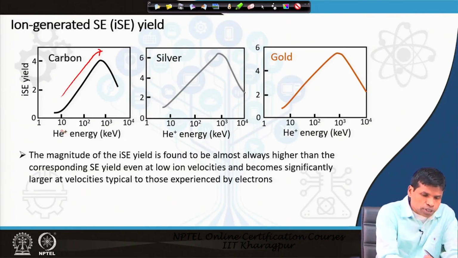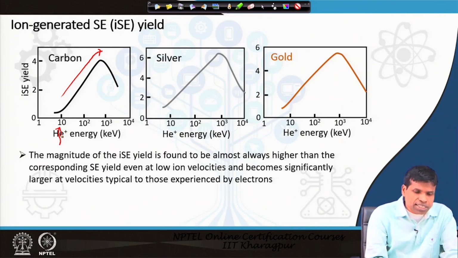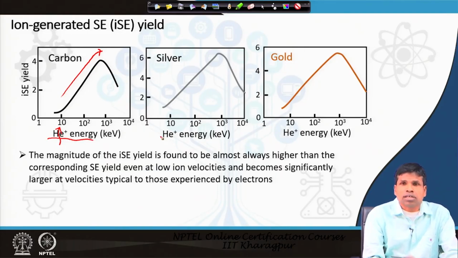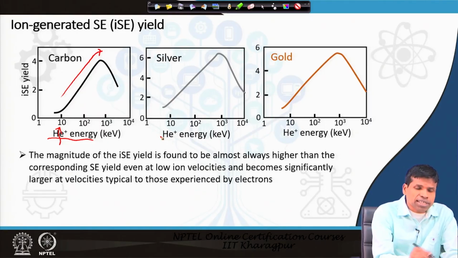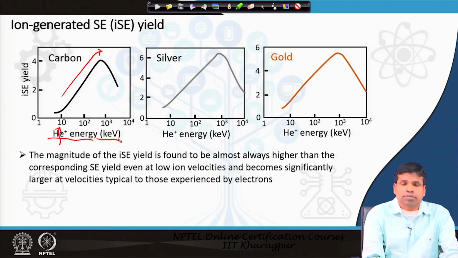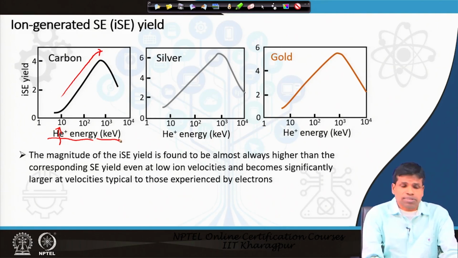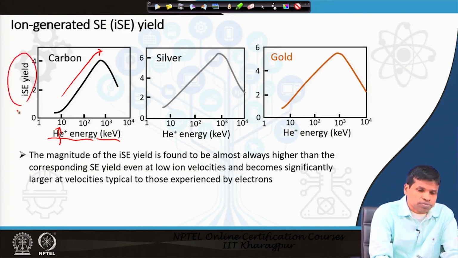But here another important point to note is that the energy is at least 10 keV. Because the mass of the helium ion is quite high, taking a smaller acceleration voltage will not be enough for helium ions to strike the specimen and produce secondary electrons.